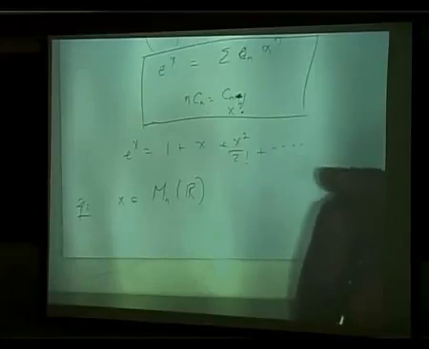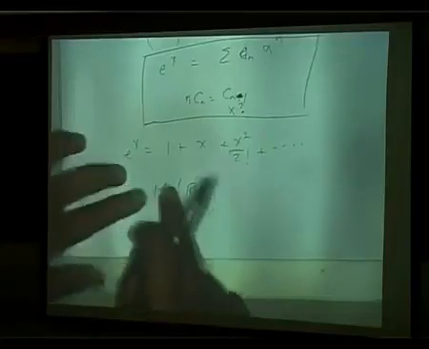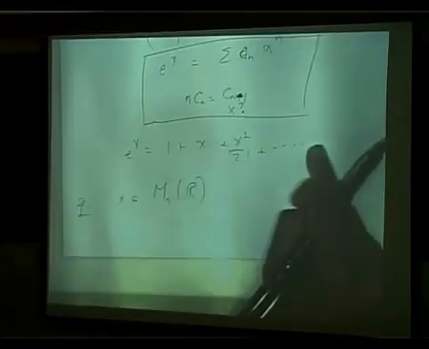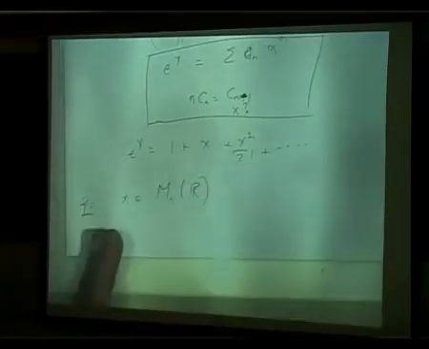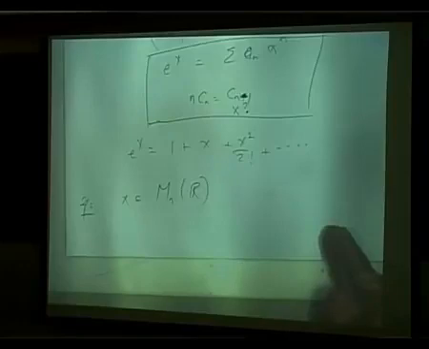So you can form x power n by n factorial, and I can write down this infinite series. What does that mean? At the nth stage, what do you mean by series? You take the partial sums of the series.